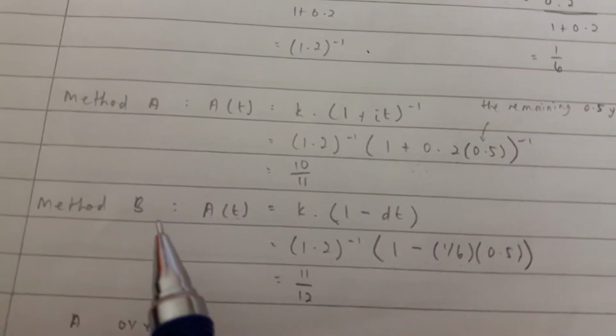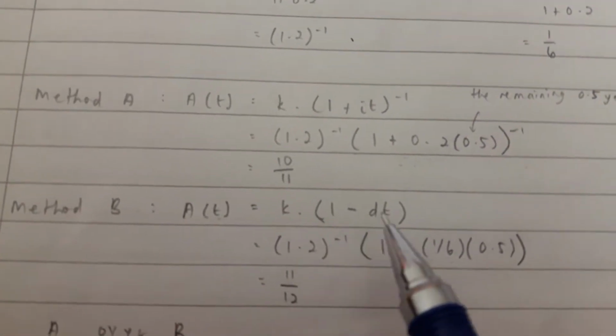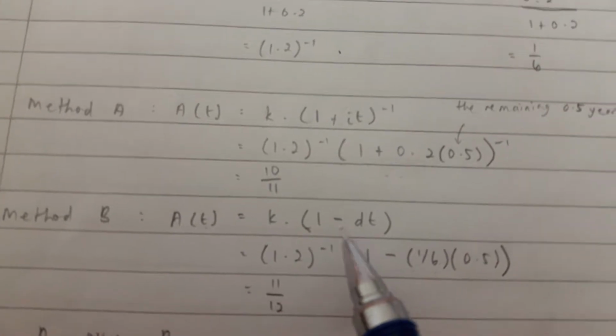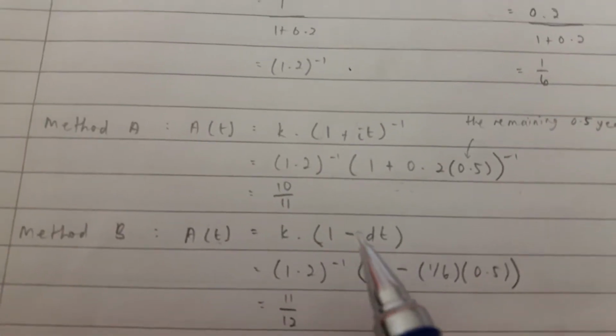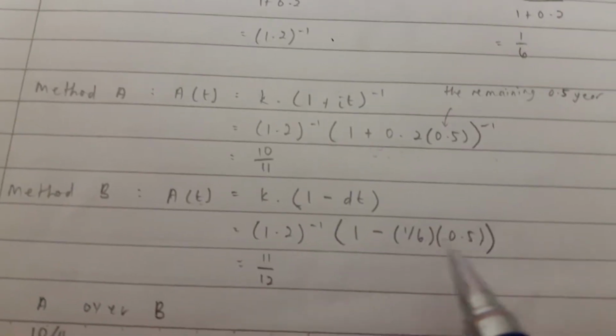For method B, we'll use the same formula, k times a(t), but a(t) uses the formula 1 minus dt of simple discount. Insert the values and you get 11 over 12.